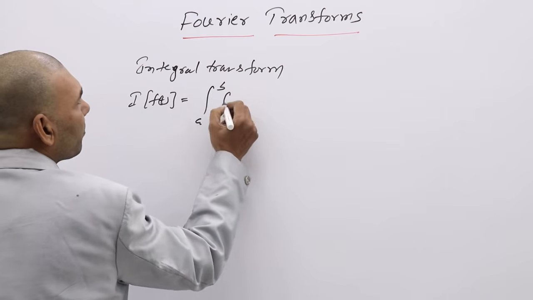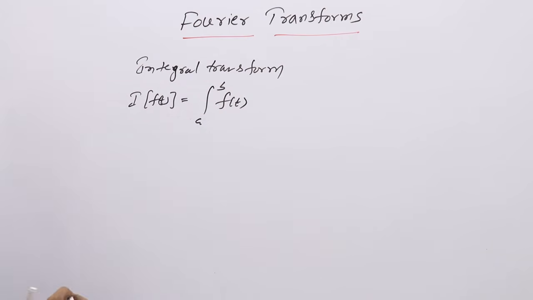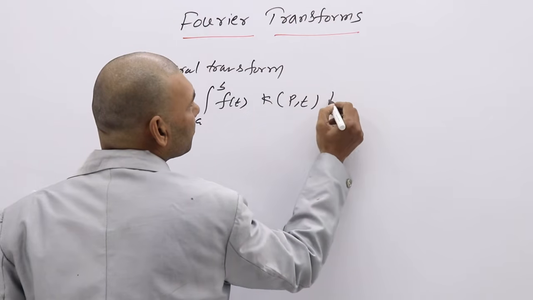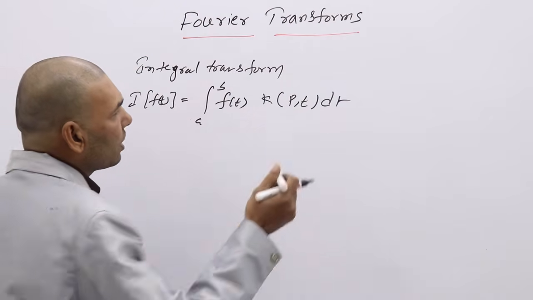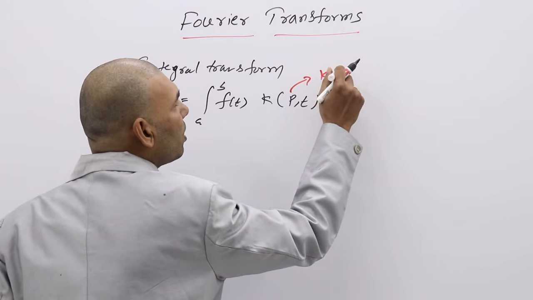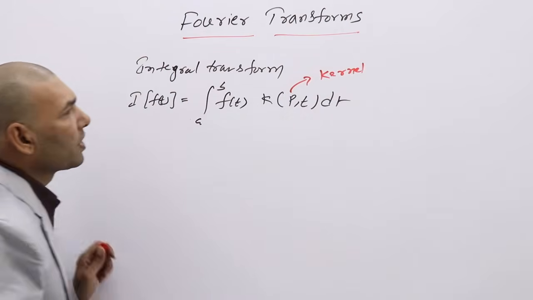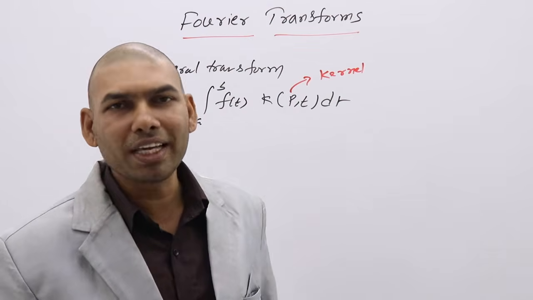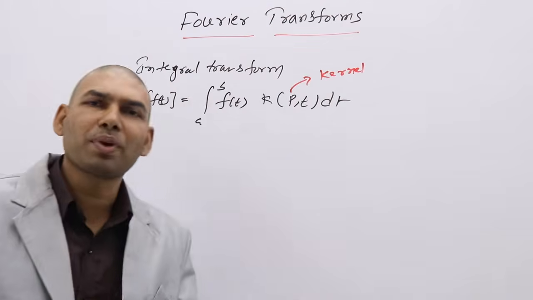Integral a to b f of t into k of p comma t dt, in which k of p comma t is called the kernel. So depending on that kernel, we will decide whether the transform is Fourier or Laplace.